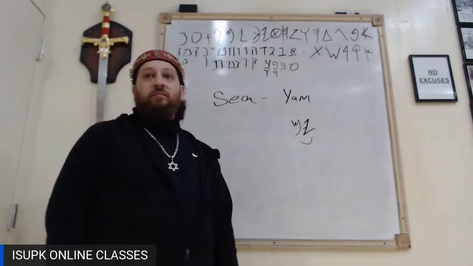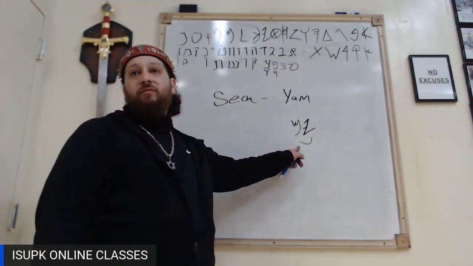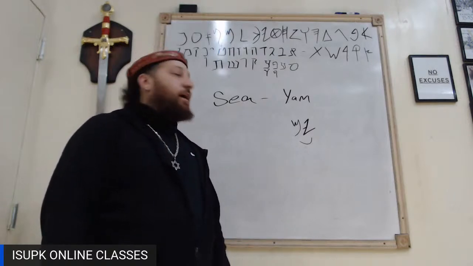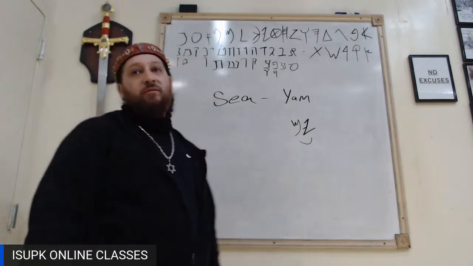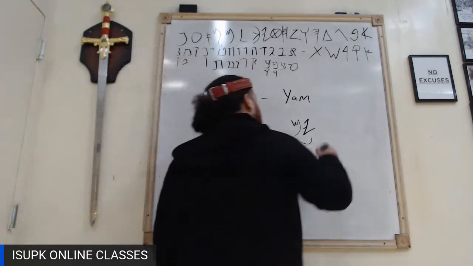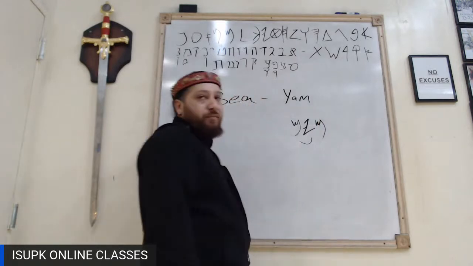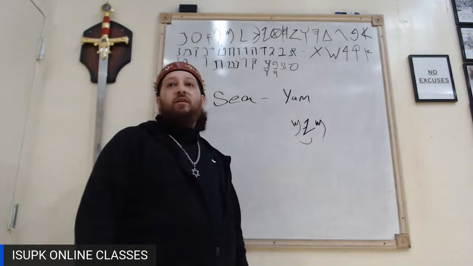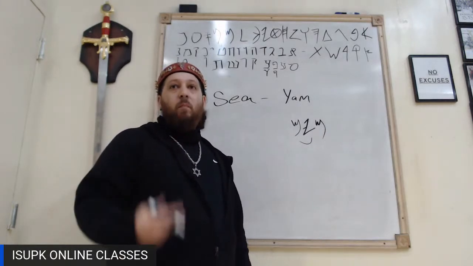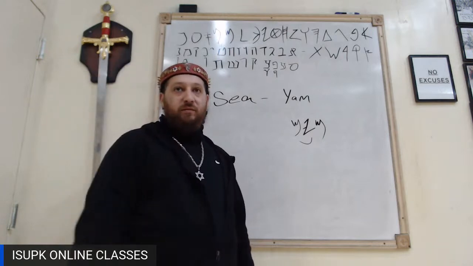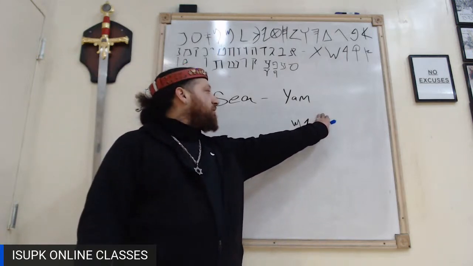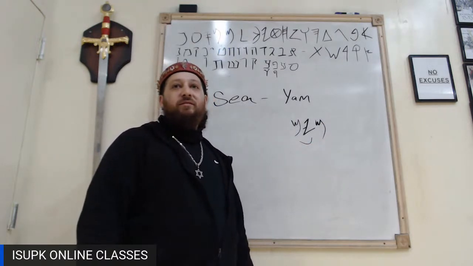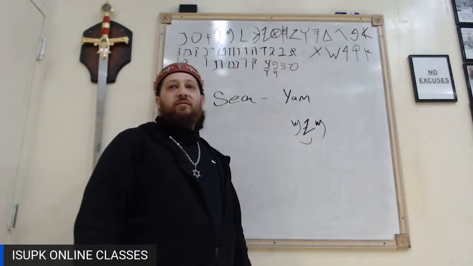Yam, sea. Now, what's water? Maya. You know what ma signifies? From. Ma is usually from. It's from water. And heaven was Shemayim.